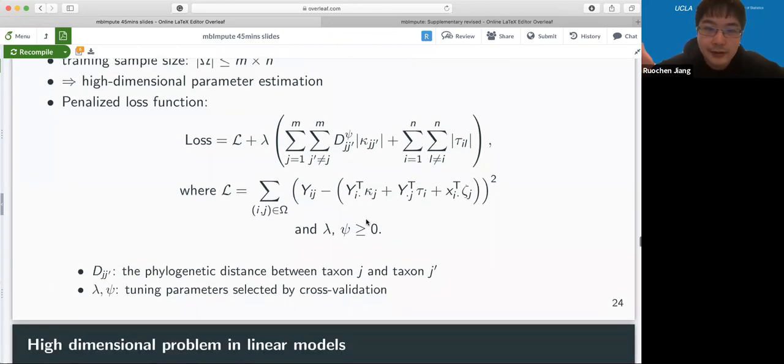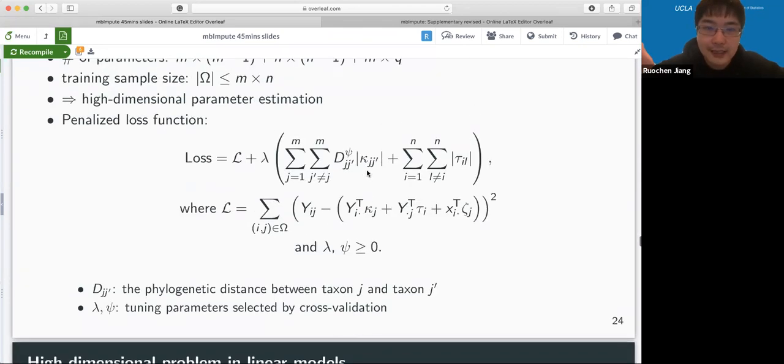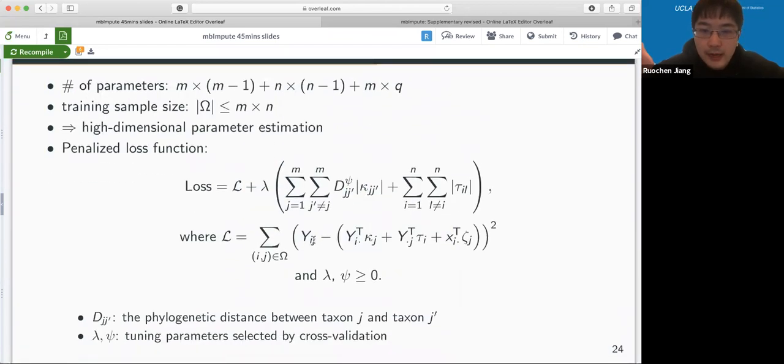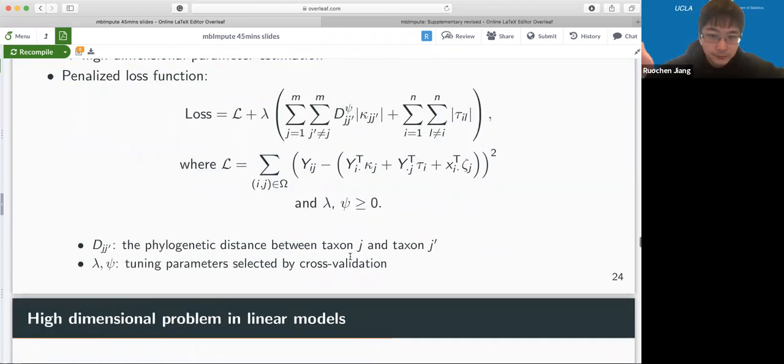For now I will leave this formula like this, and you can just see through it. Basically it's a squared norm between the Yij, the entries, and the things we want to borrow information from, and we want to penalize those parameters.